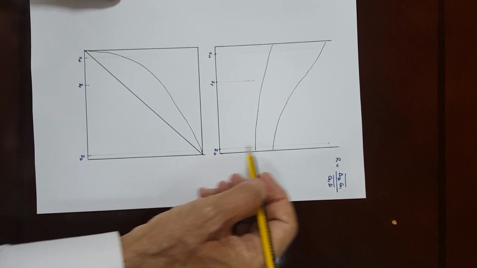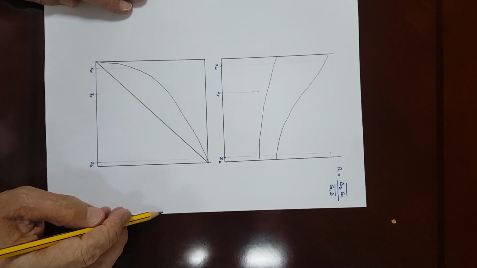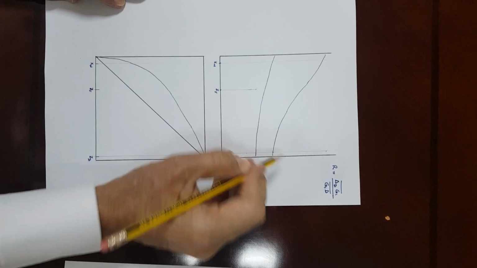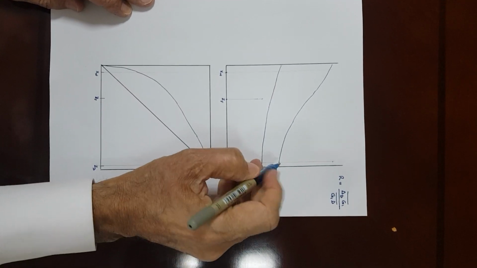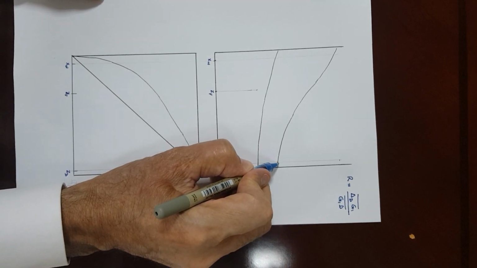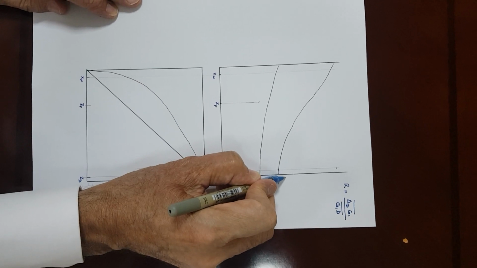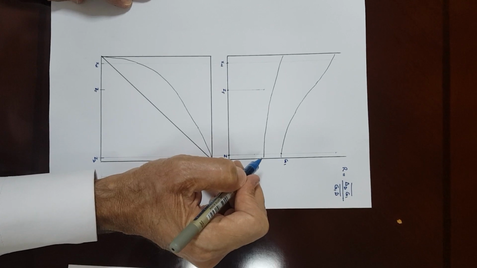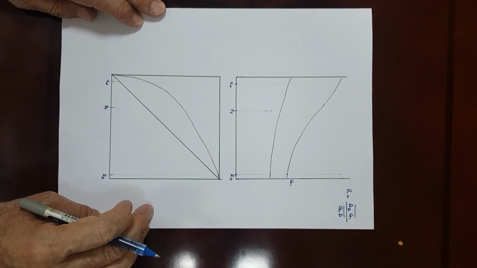We can draw a vertical line from each of these compositions, and the intersection with the vapor equilibrium enthalpy will be the position of the enthalpy of the vapor leaving stage 1, G1. So that's our starting point.